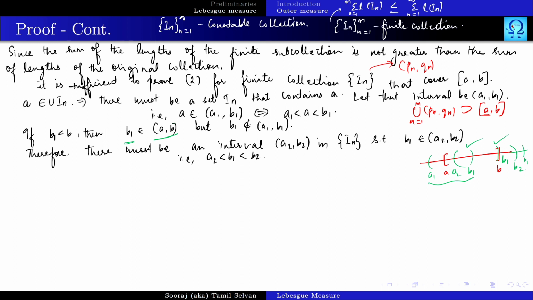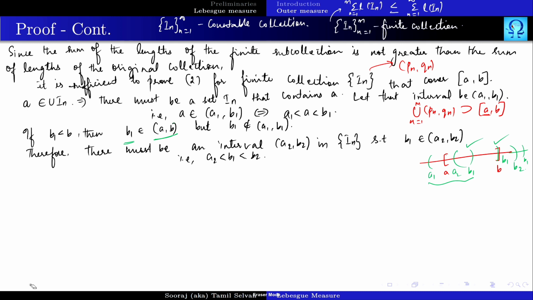We don't need to worry about all other sets. Here itself we are done. Your entire closed interval is covered by a single open interval. Then we are done with this. We don't need to prove anything else. What if that is not happening? That is the discussion that is going on.